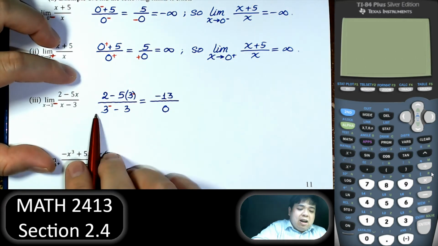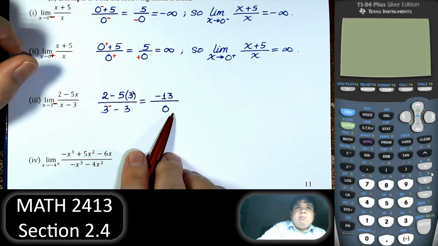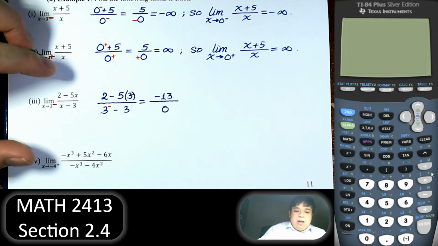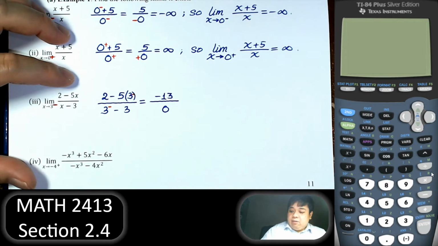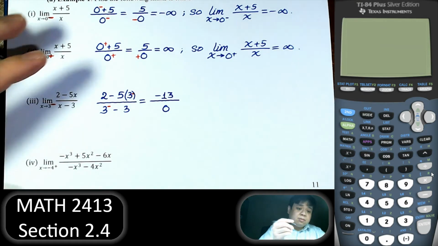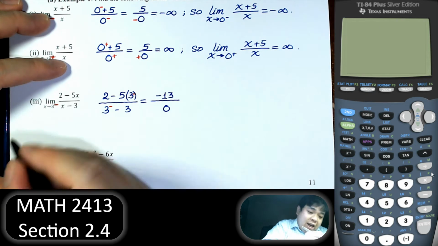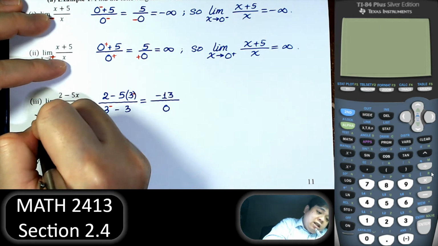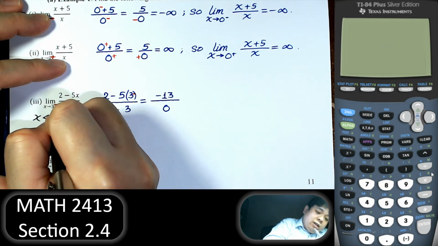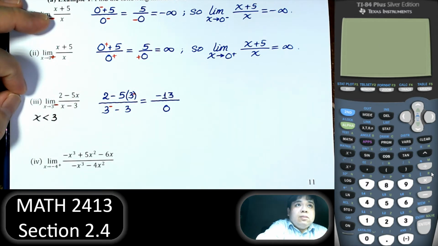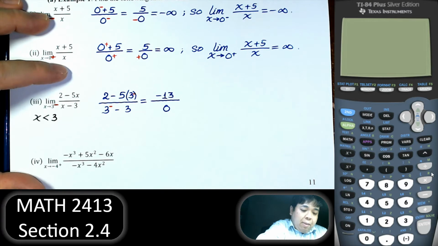Now this is negative from that. Now, if that is the case, would we have a positive number or negative number? Right. Now let's do that by hand first. x goes to 3 from the left hand side, meaning that x is less than 3, right?